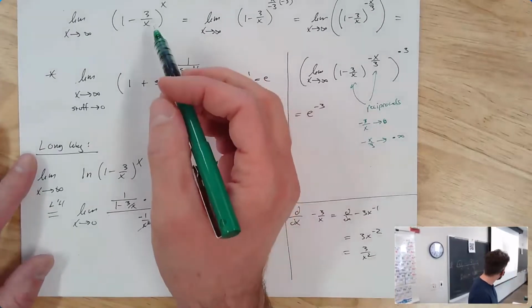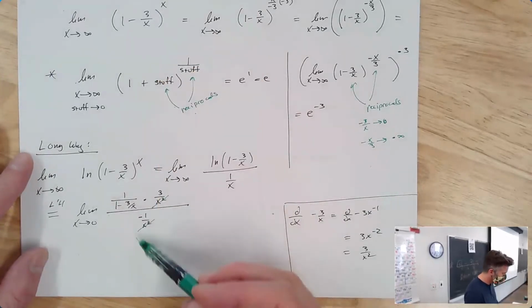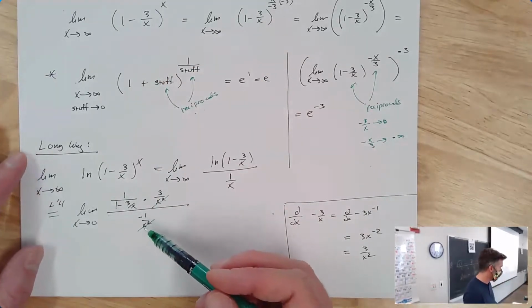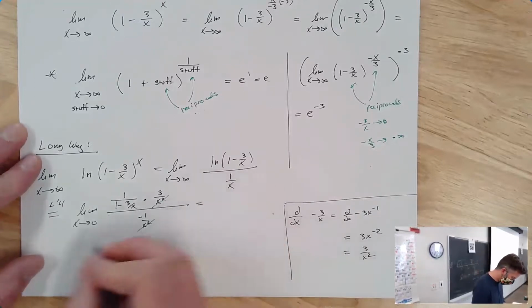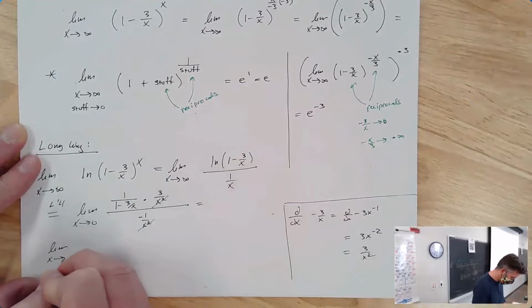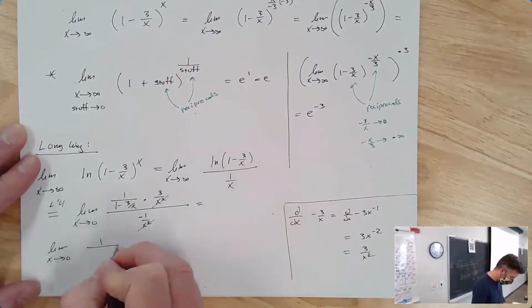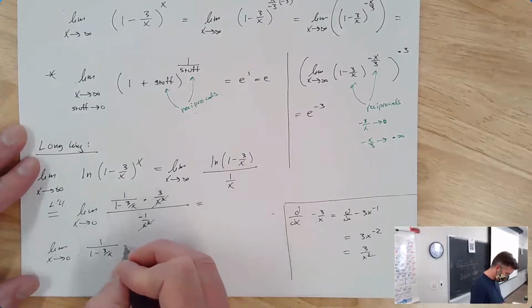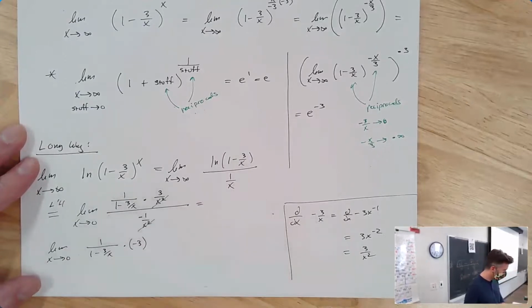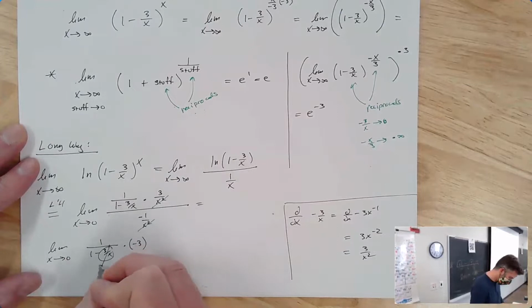Especially for these ones that look like this, this kind of canceling happens almost all the time, where you get to cancel out the x squared like that. I'm going to simplify this as the limit as x goes to infinity of 1 over 1 minus 3 over x, and the 3 divided by negative 1 is just times a negative 3. This part goes to 0.